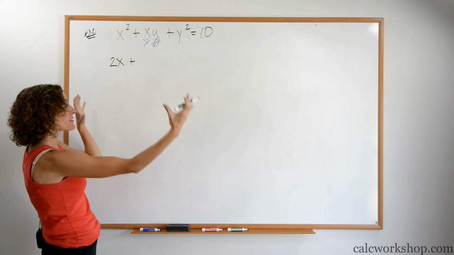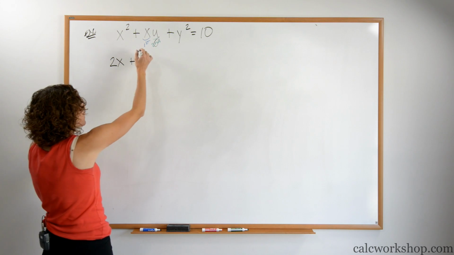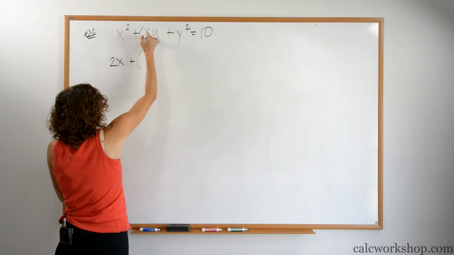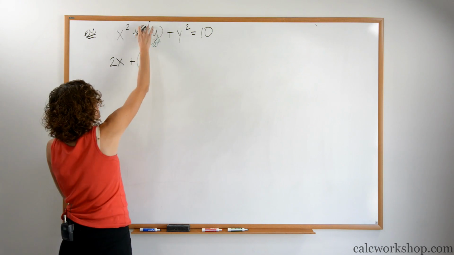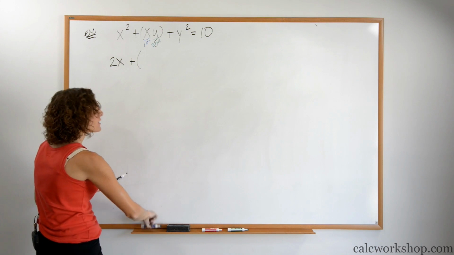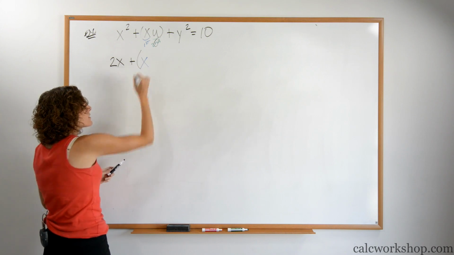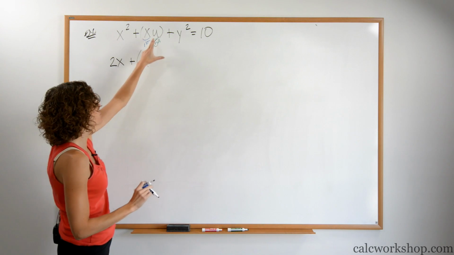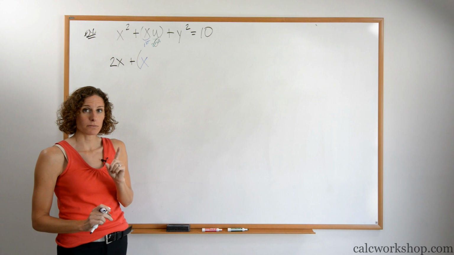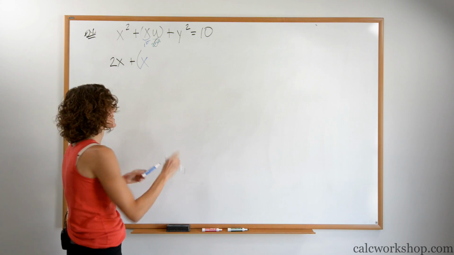So I'm going to put this in big parentheses to show you what I'm doing for this term, okay? So it's the first, x, times the derivative of the second. The derivative of y is 1, but then we need to multiply by dy/dx.